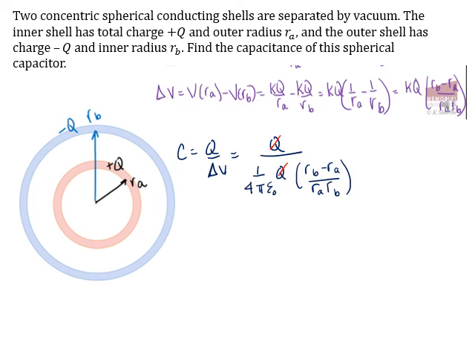Notice we've got a Q in our numerator and our denominator, so those cancel. Our 4 pi epsilon naught is in the denominator of the denominator, so that belongs up in the numerator. So C is equal to 4 pi epsilon naught times RA times RB divided by RB minus RA. So there's our expression for the capacitance of a spherical capacitor.